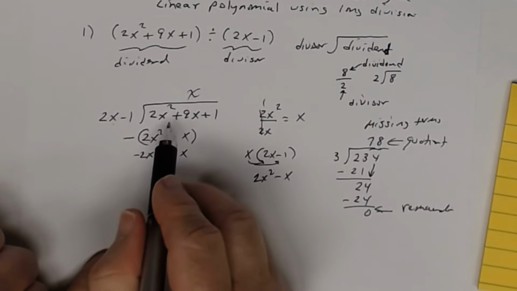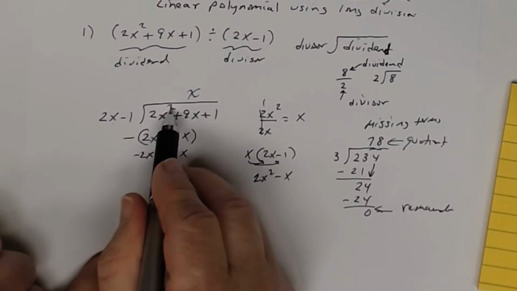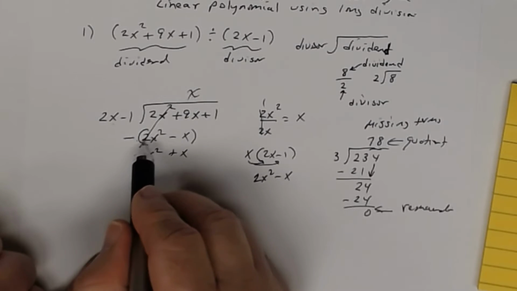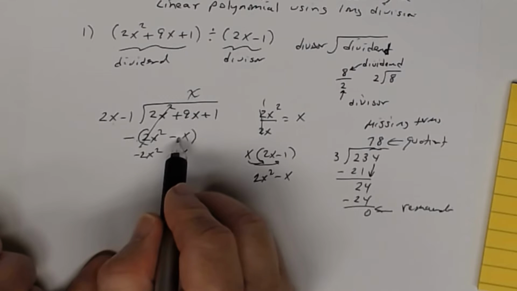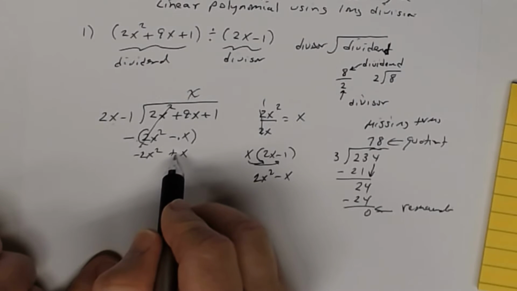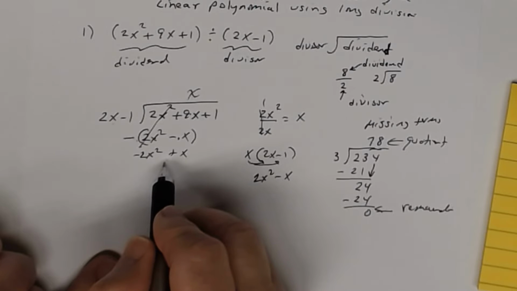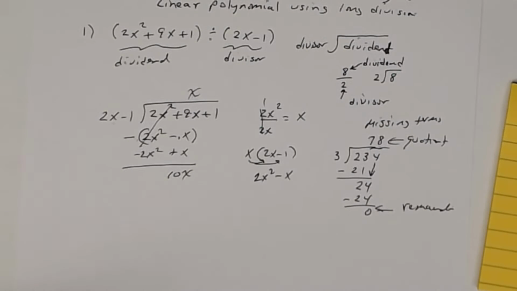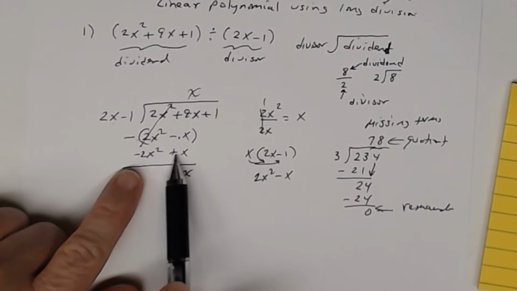All right, so you can do one of two things. You can say 2x squared, subtract 2x squared. Those cancel out, right? You can say 9x, subtract the negative x, means 9x plus x, right? So that's going to be 10x. So be careful how you do things. Sometimes it's helpful if you do this.